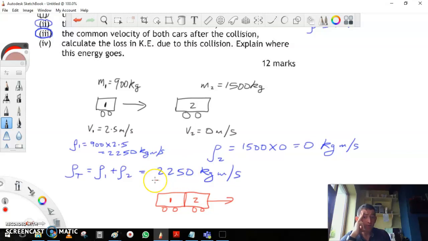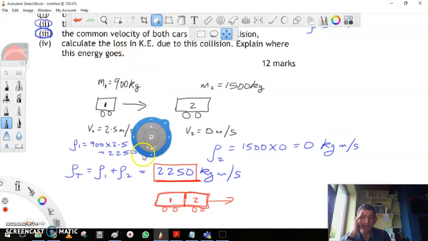So the total momentum before the collision, 2250, and the total momentum after will also be this figure. But after the collision, they'll be behaving as one vehicle.